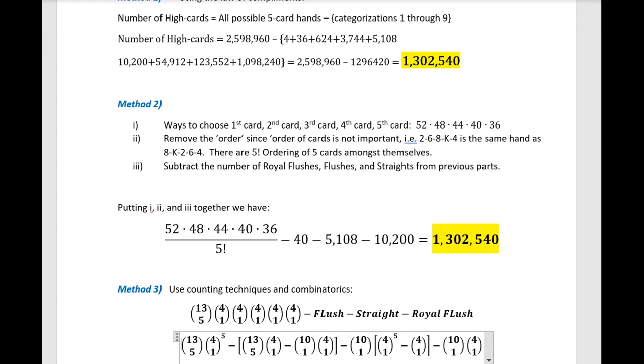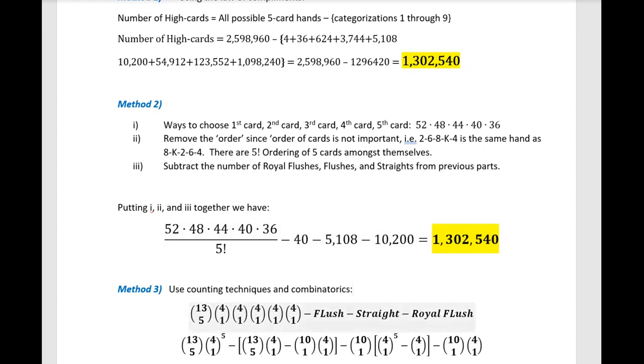Now remember, these high cards cannot all be in the same suit, because if they are, then you get your flush. So 13 choose 5 is how many ways you can choose the set of 5 cards, and then because each comes from a different suit possibly, that's why we have the latter part, the 4 choose 1 parts. These are for each of the first, second, third, fourth, and fifth cards.